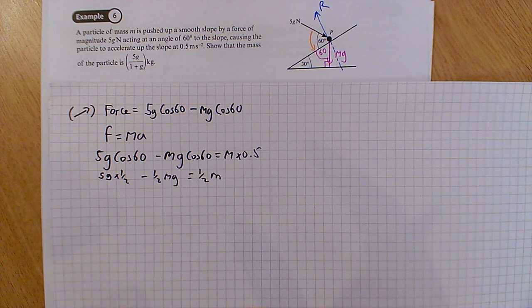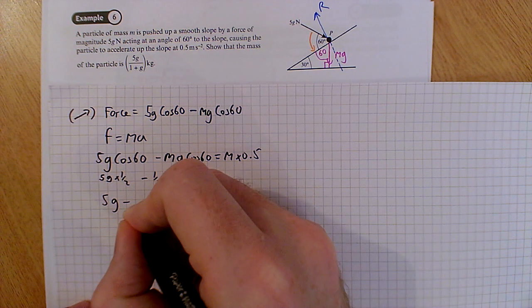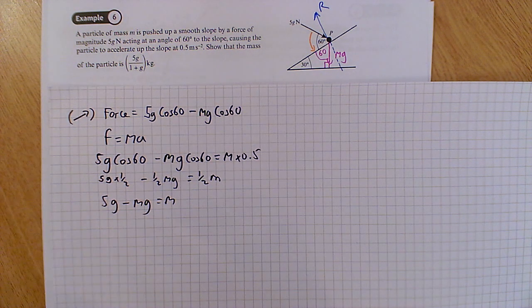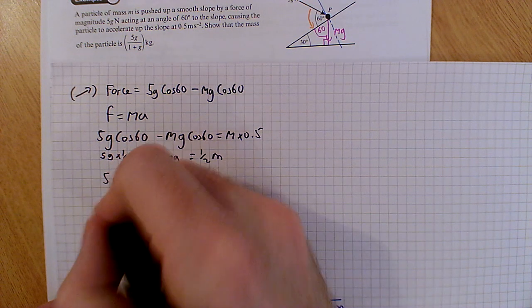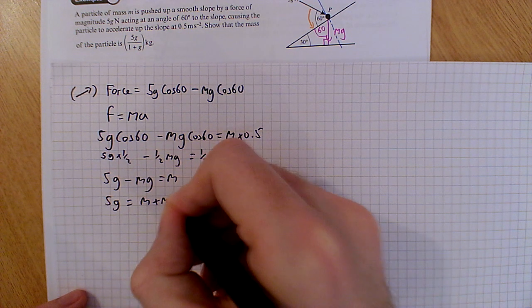So straight away when I see that, I think, well, I'm going to times through by a half, because there's a half in every term. So that leaves me with 5g minus mg equals m. I want to make m the subject, so I'm going to get m by itself on one side. So I move this over, so it's m plus mg.